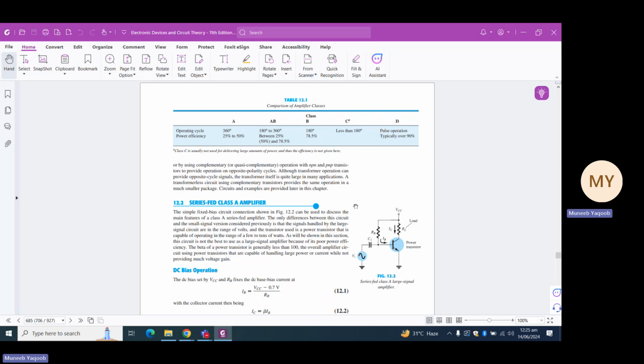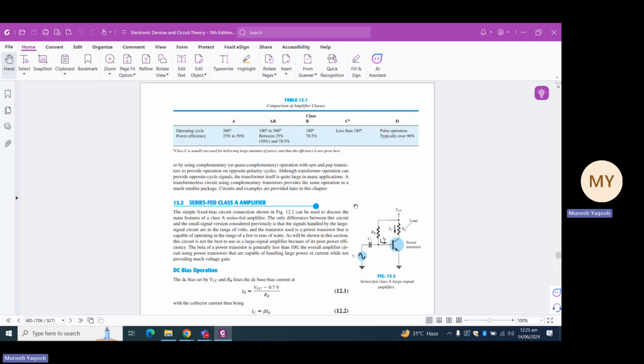You can see in table 12.1 that for class A power amplifiers, the output is for the complete 360 degrees, but the efficiency is poor and it is between 25 to 50%.